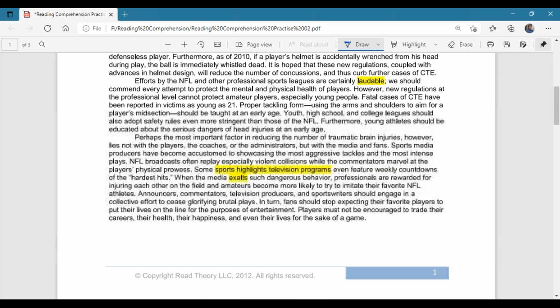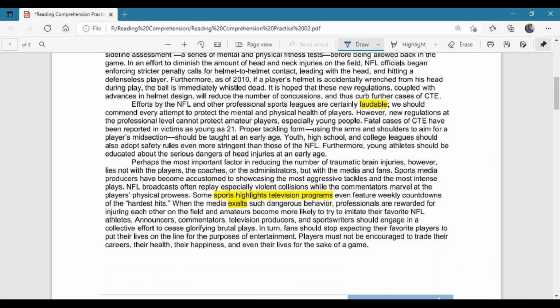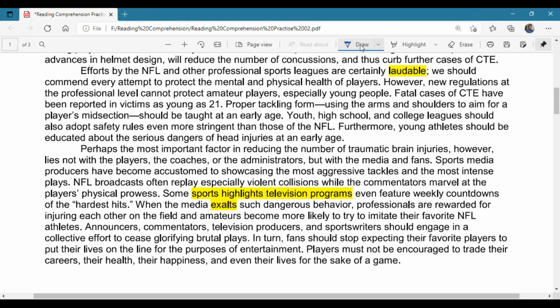Sports highlights television programs. Final paragraph. So let us focus on the final paragraph now. Where is sports highlight television programs? Here it is. See, sports highlight television programs. Perhaps the most important factor.